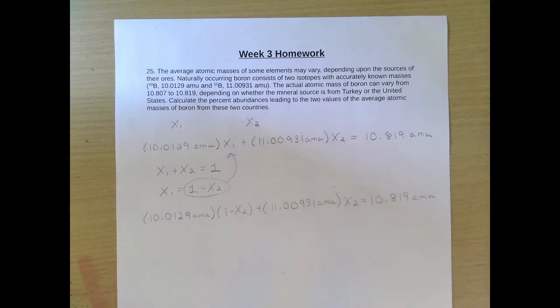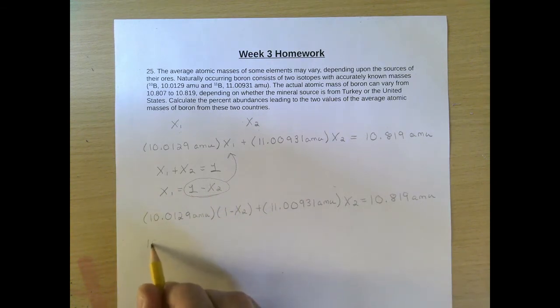Now I only have one unknown, and this is essentially just algebra to get the final solution. First thing I need to do is distribute this through. So I'm going to have 1 times this value and negative x2 times this value.